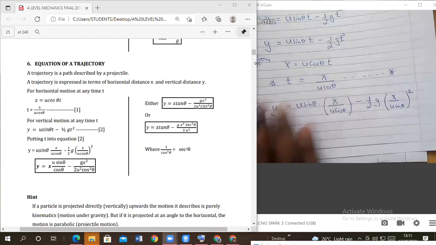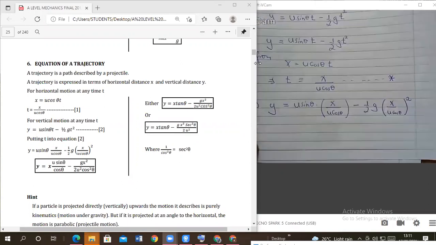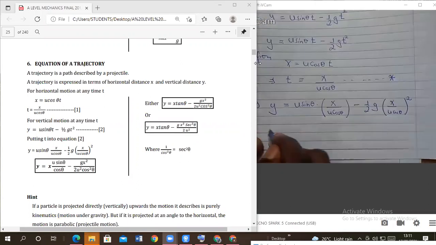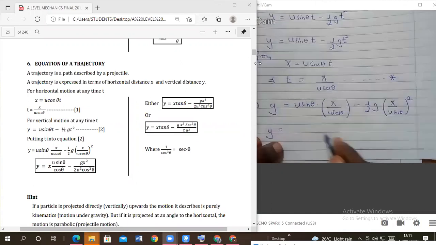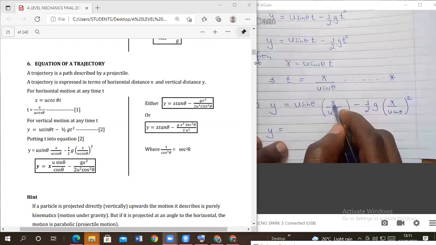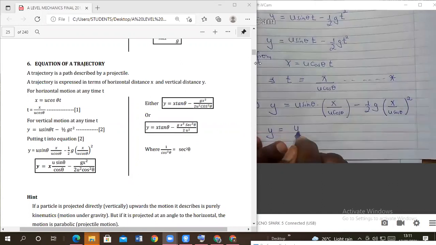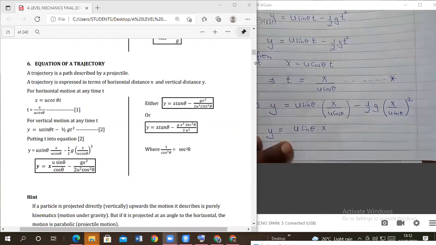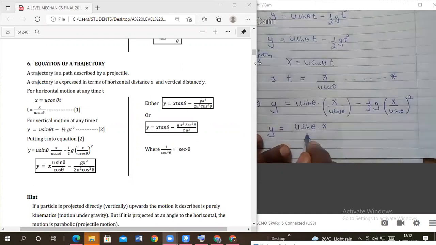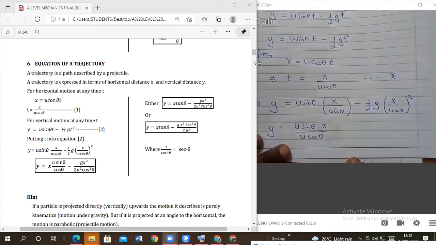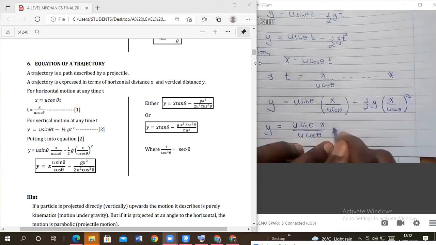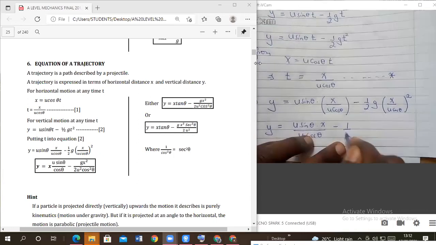Now we have stopped physics. Let's come to mathematics. So we shall have y equals u sine theta times x over u cos theta, minus a half g.